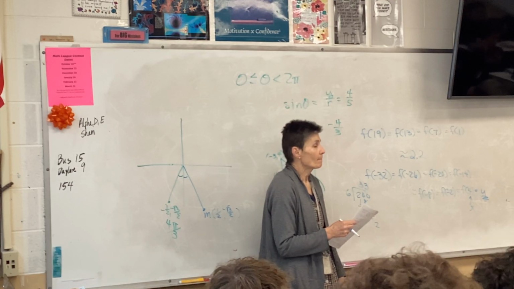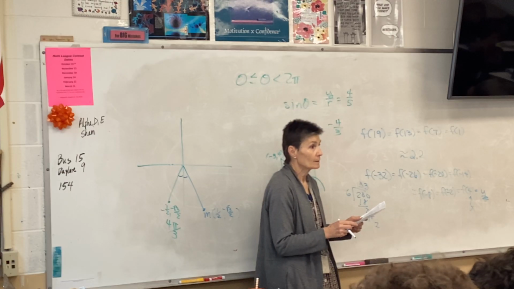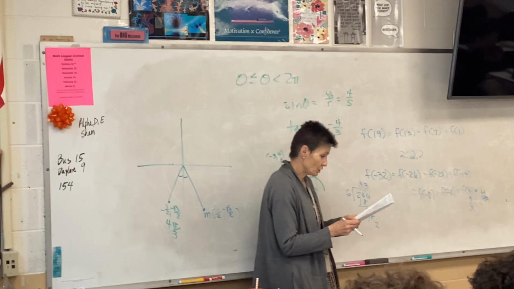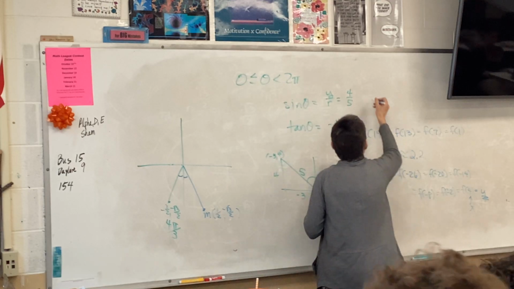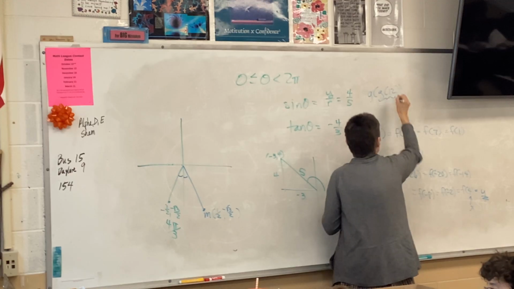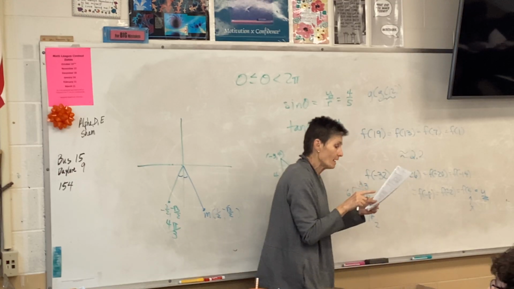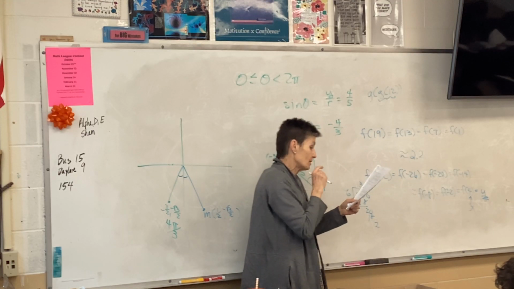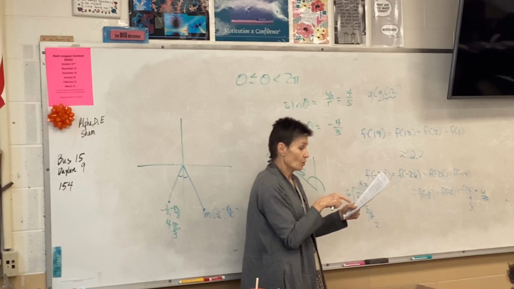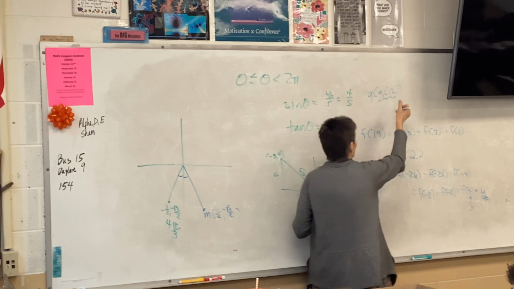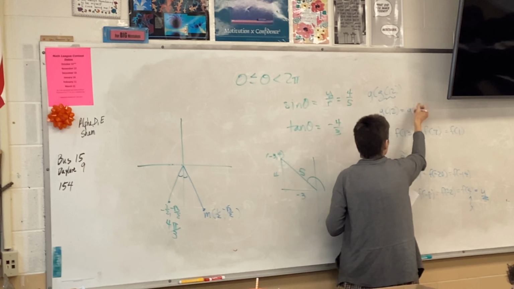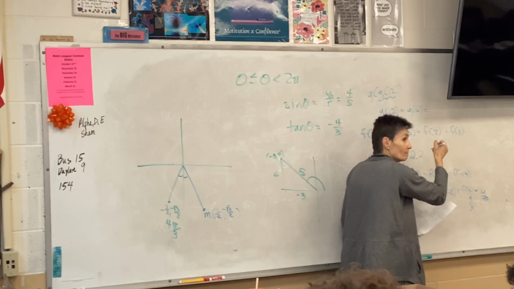Delilah? 3.12b, g of 12. Well, the first thing I have to do is find g of 12. It's not in my chart, so coincidentally, the period's 6. So g of 12 will be the same as g of 6.